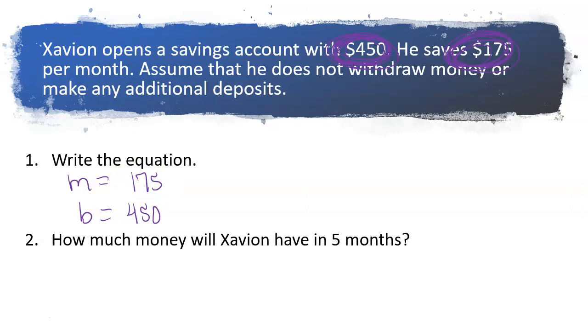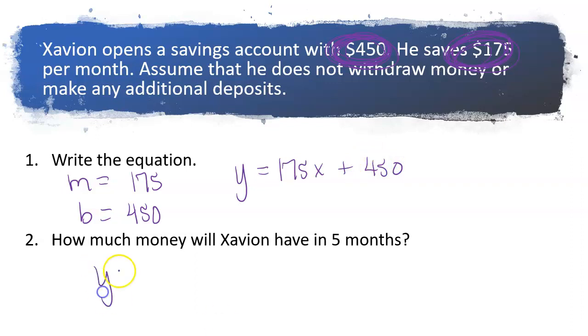Assume that he does not withdraw any money or make any additional deposits. So if we started our account with $450 and we only put in $175 a month, that's what we want to write the equation for. So y equals $175 per month plus the $450 I started with. Number 2, how much money will Xavion have in 5 months?